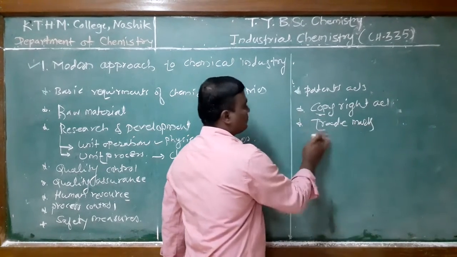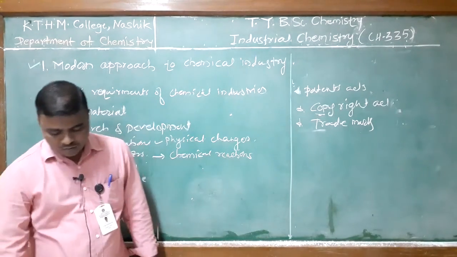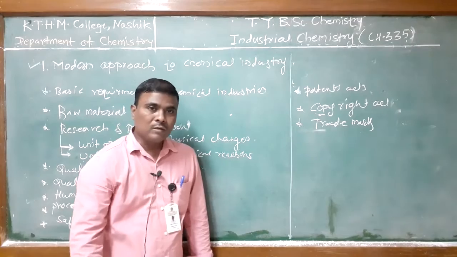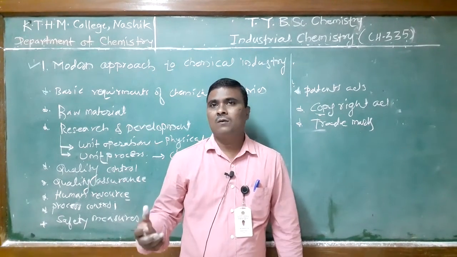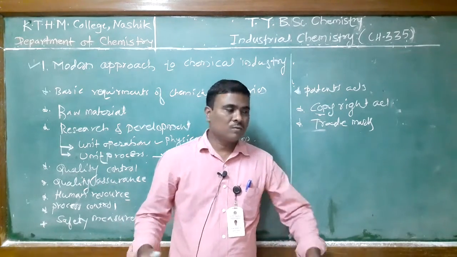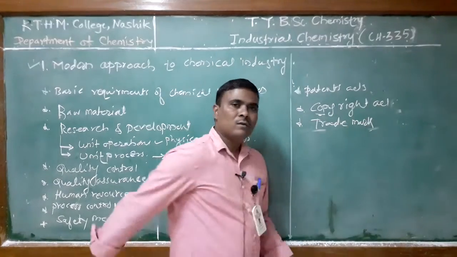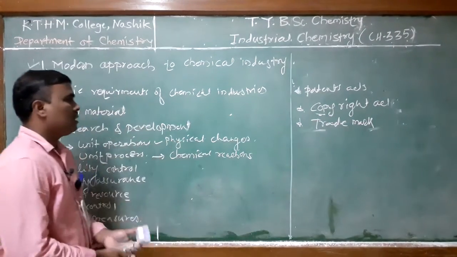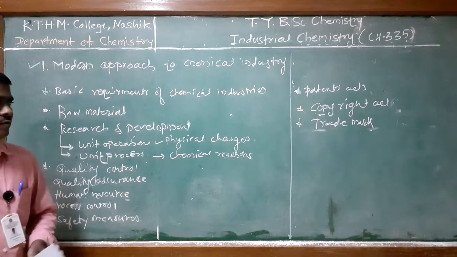Trademark means what? Trademark again is the logo. We cannot copy a logo. You take an example of a car or a logo of our institute, or logo of universities, you take any logo. We can't copy the logo. So, trademark. So, we will see how the trademark, Patent Act and copyright are important while working in chemical industry. So, these are the points which we are going to cover in our first chapter.